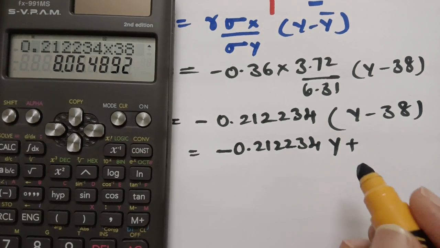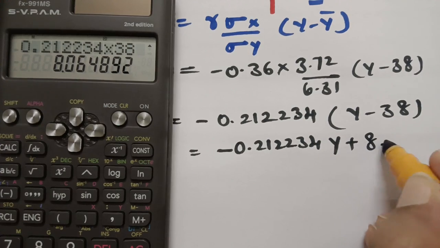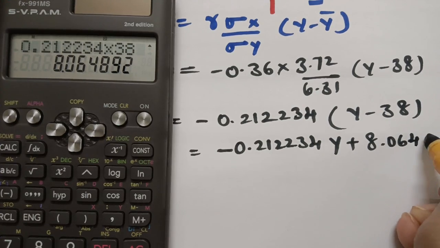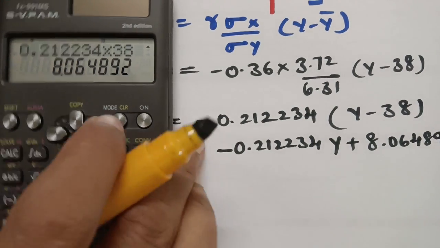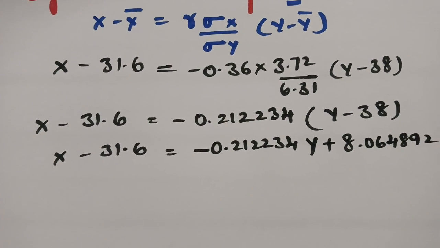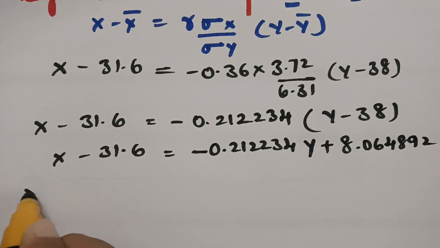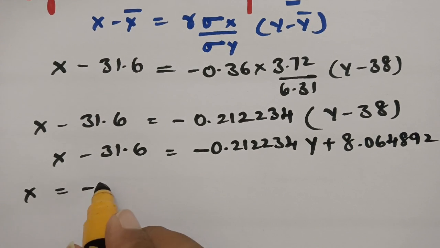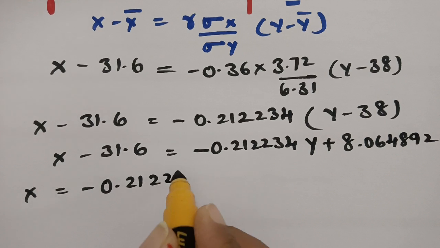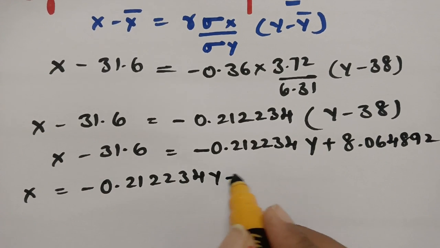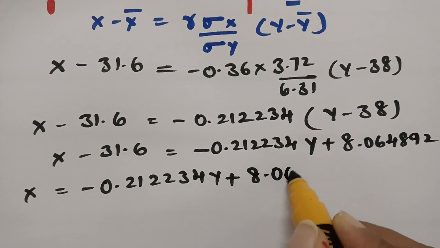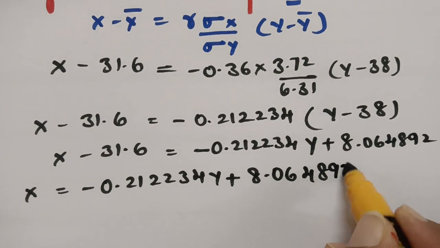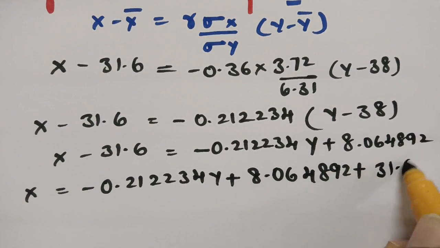The value here will be 8.064892. Now the equation is x is equal to, if I send minus 31.6 to the other side, minus 0.212234 into y plus 8.064892 plus 31.6.